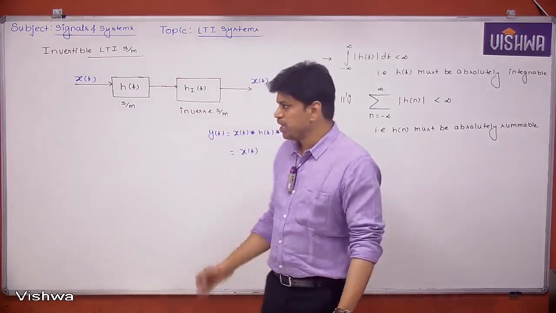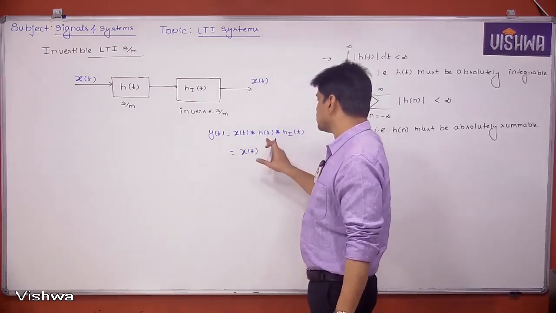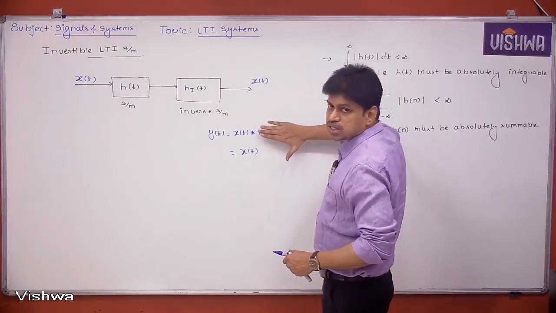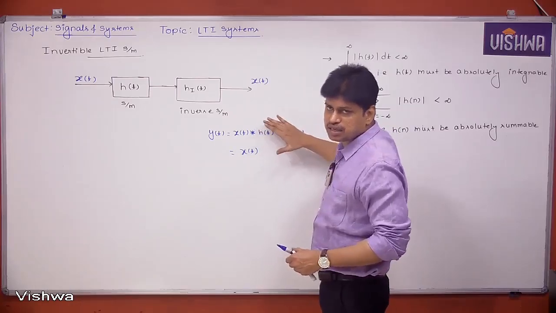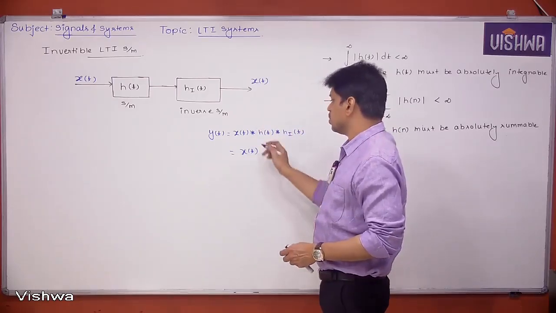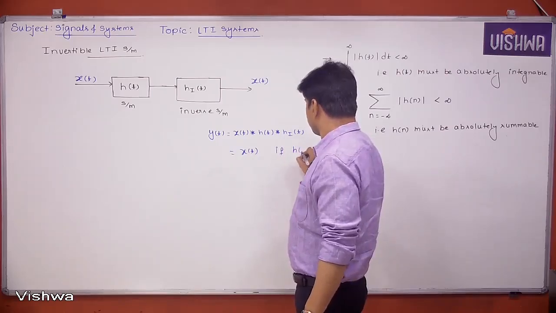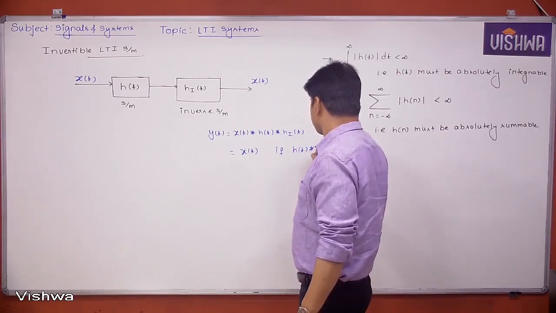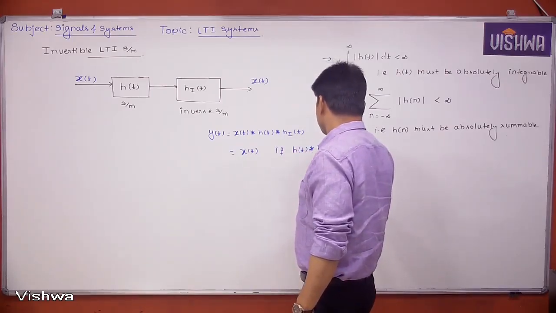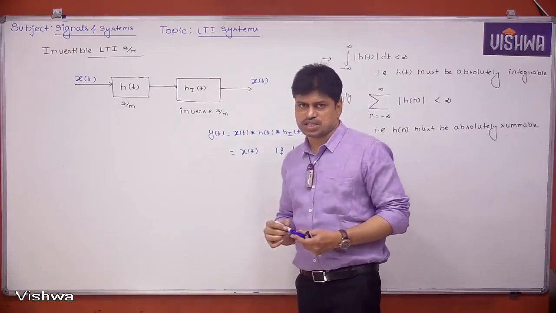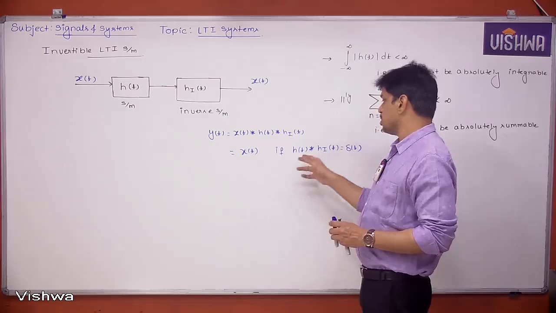To get this value equal to x of t, y of t has to be x of t. So what is the condition on h of t convolution with hi of t? Whenever this value is equal to the impulse function delta t, then we can say this is going to be x of t. So if h of t convolution with hi of t is equal to delta t, this is the condition on the inverse system and the system's impulse responses.